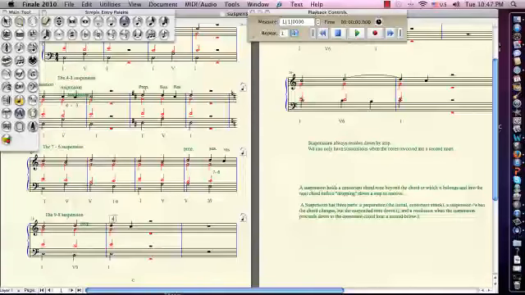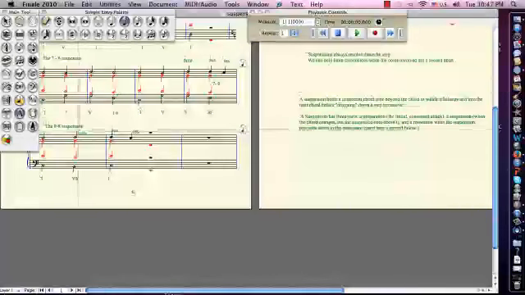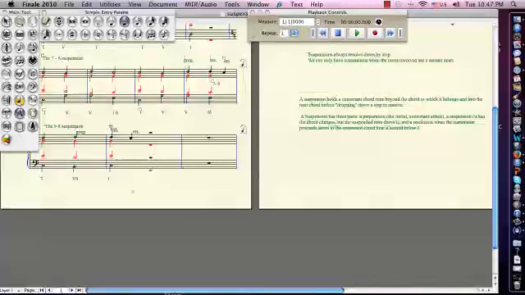Here's the actual suspension or sus, and here is the resolution or res. Okay, so we have preparation, we have suspension, and we have resolution, and this represents the 9/8 suspension.